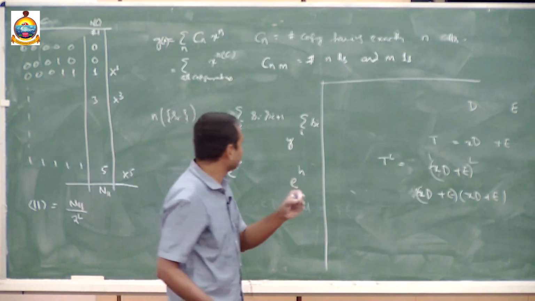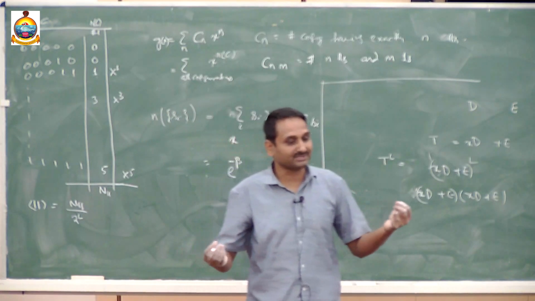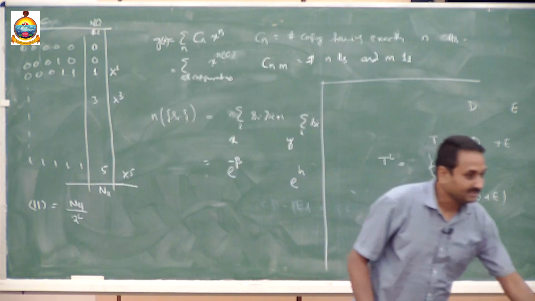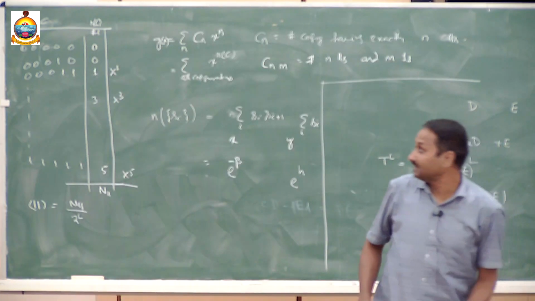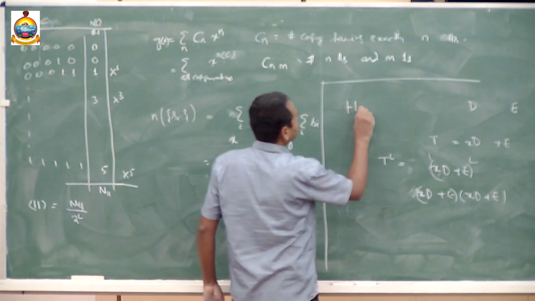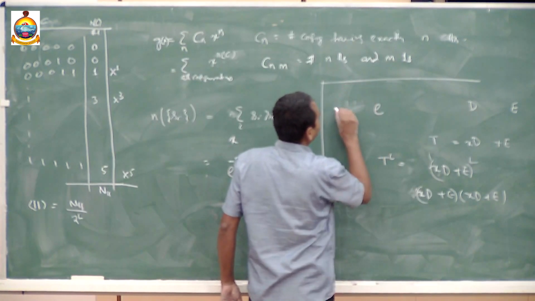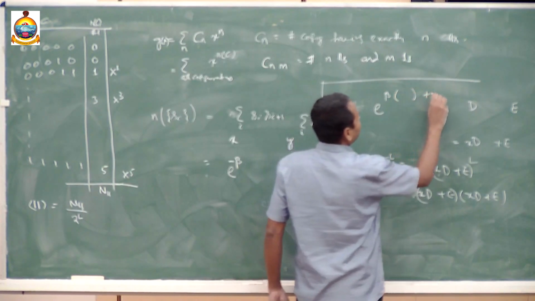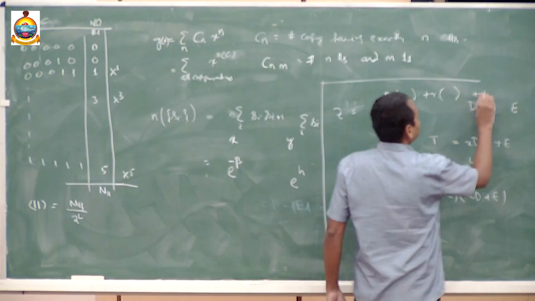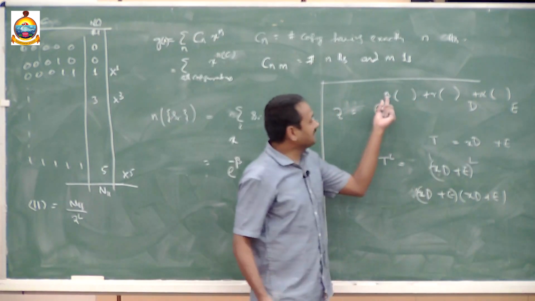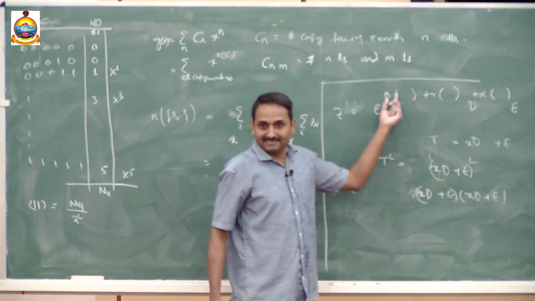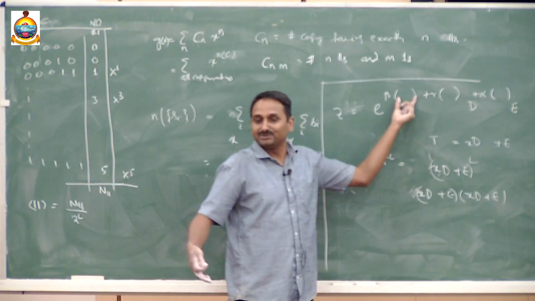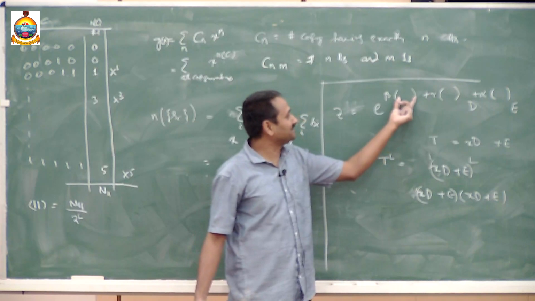So these fugacities, this x and y in the generating function, are actually keeping track of things. Now look at your Hamiltonian in general. If you have some partition function equal to e to the power beta times something plus gamma times something plus alpha times something, whatever, each one is like a field which is controlling a variable, suitably fixing the average value of it.